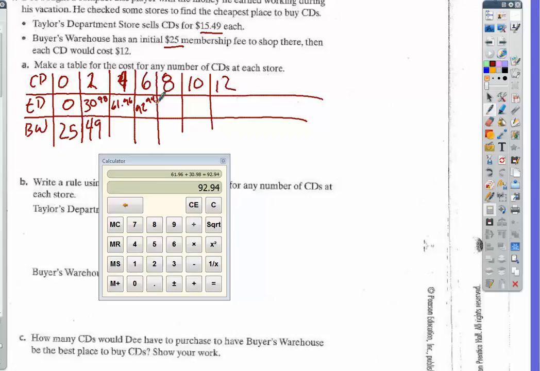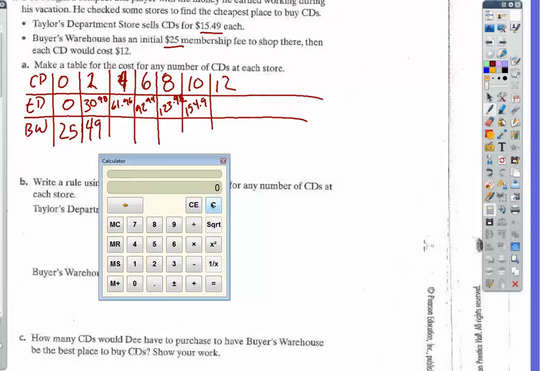And we'll do 2 more rounds, right? So this is going to be $154.90, because I just multiplied by 10. And so for 8 CDs, I'm going to add my $30.49. So that's $123.43. Sorry, that's 96. Oh, no, because it's 2 cents less, so it's 92. There you go, 92.